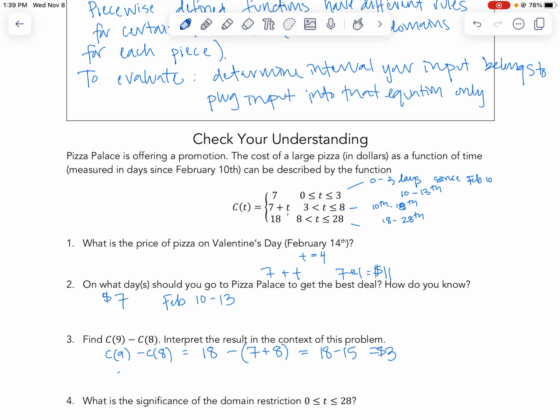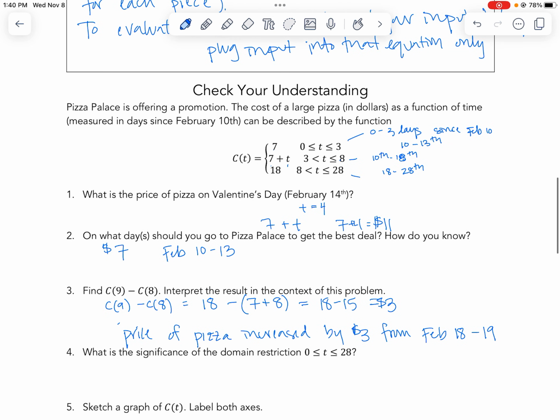So what this means is that the price of pizza increased by $3 from February 18th to 19th. Remember that T is days since February 10th.